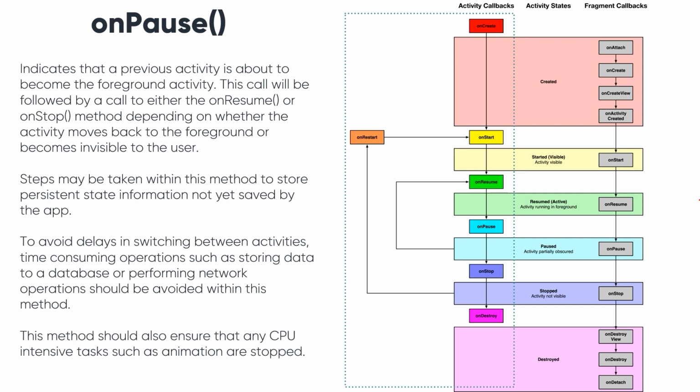Steps may be taken within this method to store persistent state information not yet saved by the app. To avoid delays in switching between activities, time-consuming operations such as storing data to a database or performing network operations should be avoided within this method. This method should also ensure that any CPU-intensive tasks such as animation are stopped.